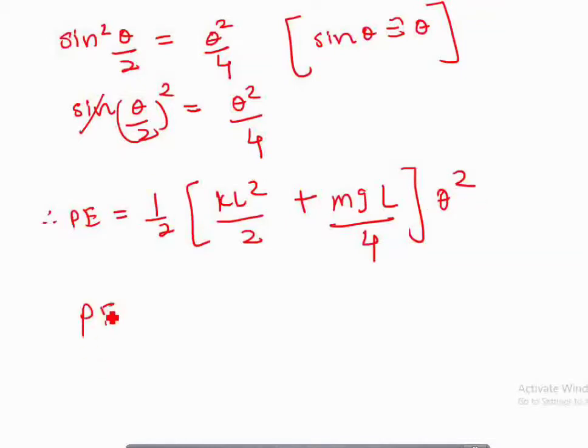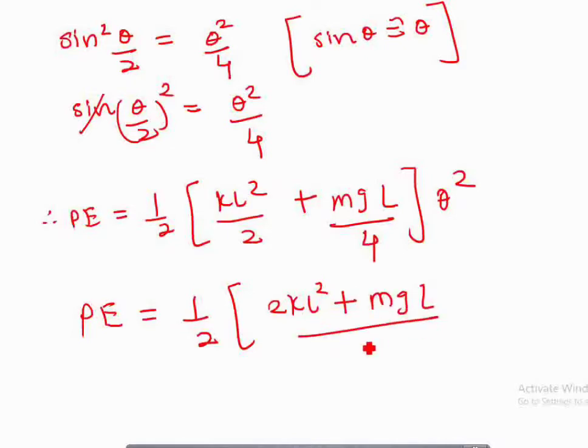So finally I am getting P is equal to 1/2 of (2kL square plus mgL) divided by 4 into theta square. Okay, so this I am getting.